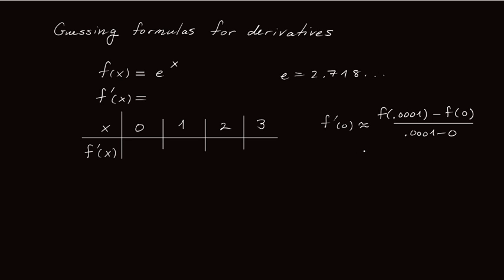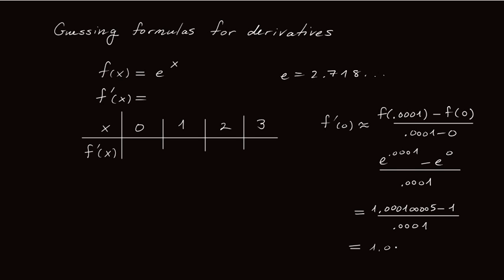So if we plug these into our calculator, we find that e to the 0.0001 minus e to the 0, divided by 0.0001, is about 1.000100005 minus, well, e to the 0 is just 1, divided by 0.0001, and that's about 1.00005.